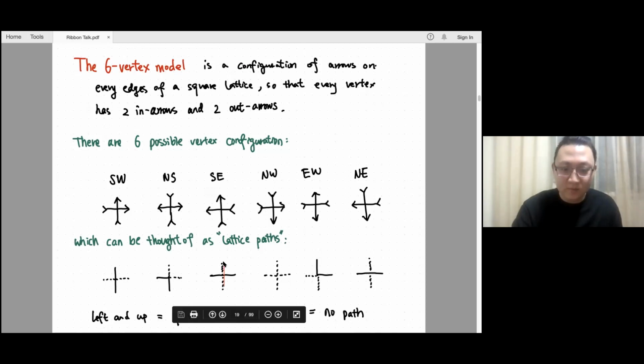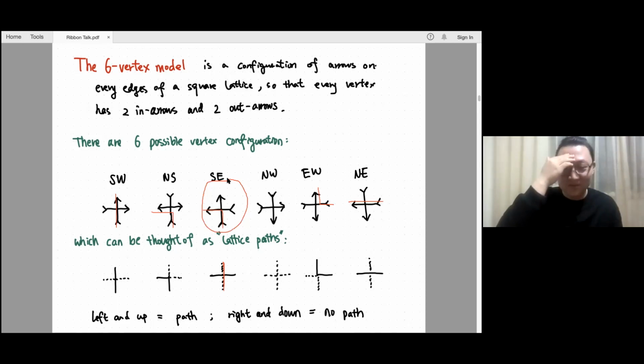So this one should be this one. Oh, I made a lot of mistakes here. And this one is correct. This one is correct. This one is this. Oh, this one should be this. Wait. Oh, this is not even a correct vertex. So, wait, what?